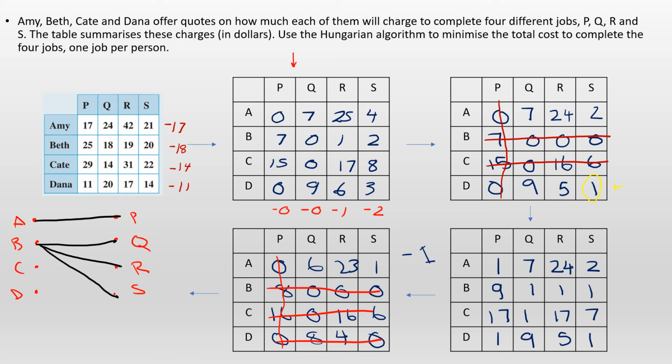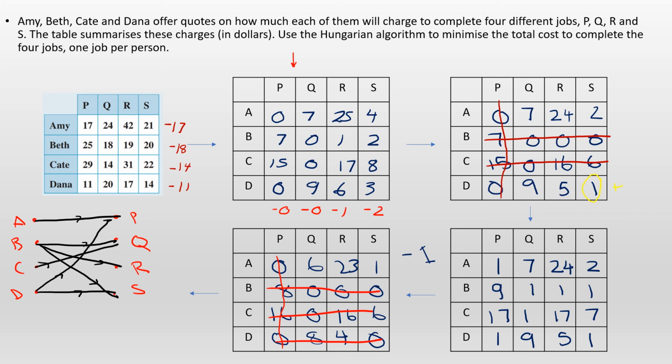Looking at Kate's row, she only has a 0 at Q. Should probably have arrows on these. And finally, at Dana's row, she has a 0 at P and S. That's my bipartite graph.